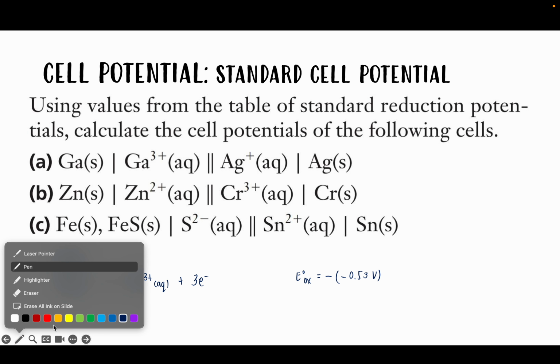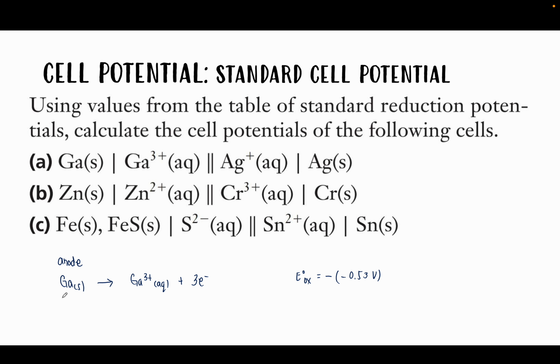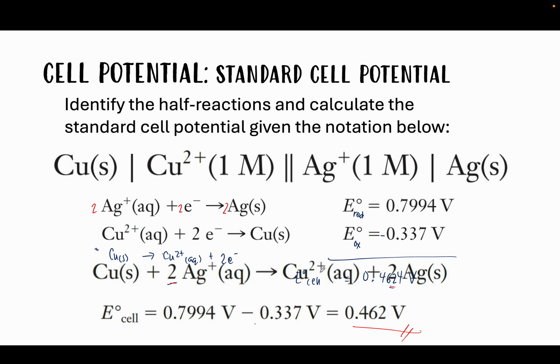And then for the cathode, we have silver. We could just use the one earlier, right? So silver ion plus electron forming silver solid. This is reduction. So let's go back to the table.